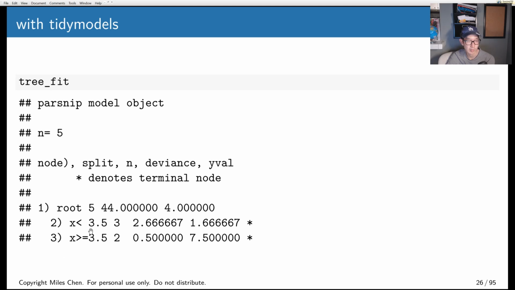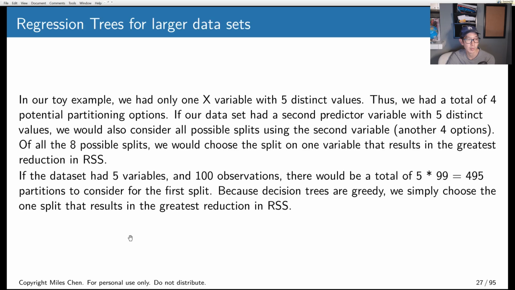So, split at 3.5, the same exact output that we had before. That's the example for our toy data set, and the concept applies with a larger data set.